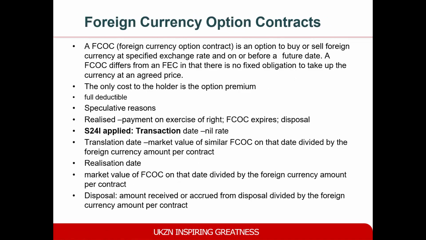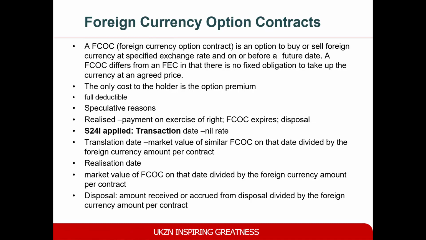Now you may also have foreign currency option contracts. This is just an option to buy or sell foreign currency at a specific date. But remember, guys, what is an option? With an option, you may exercise or not exercise it. You may act or not act. You just have the right. So in this case, a foreign currency option is an option to buy or sell at that rate, and it will also expire on, before or after a date.